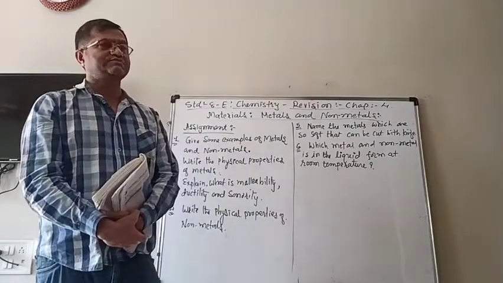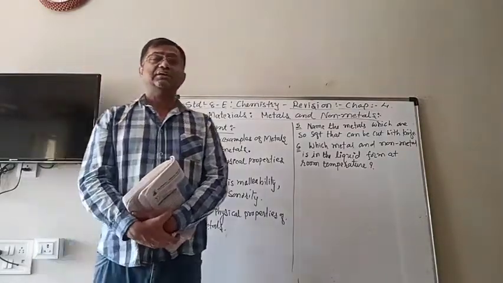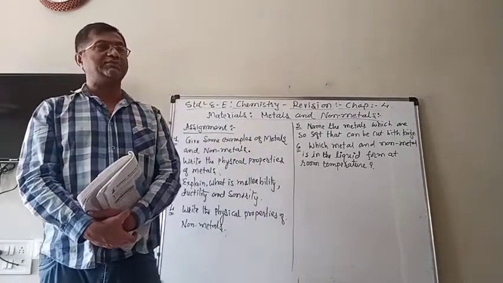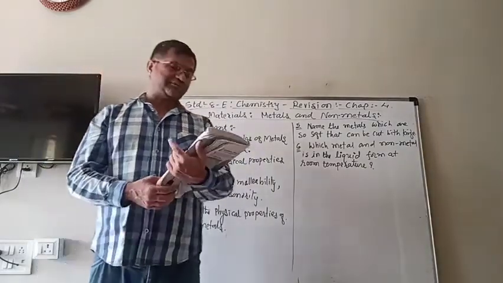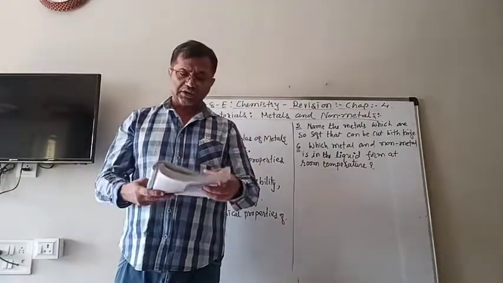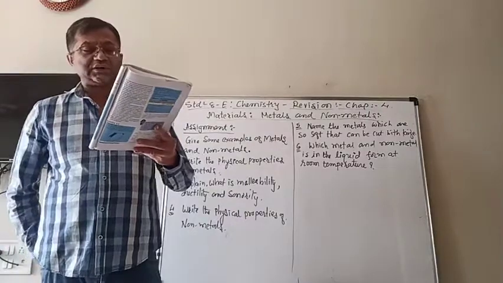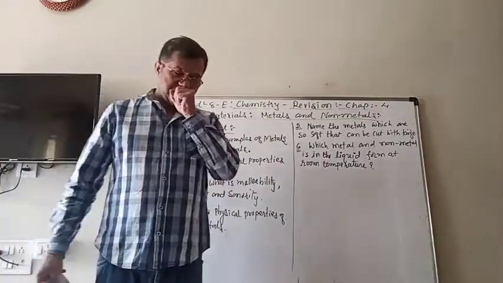All the others like iron, copper, aluminium, gold, silver are solid, except the metal in liquid form, the mercury.